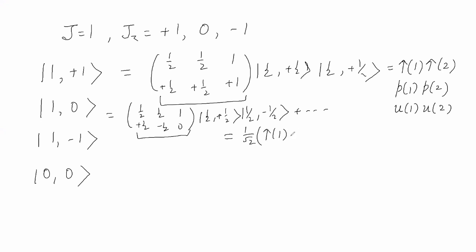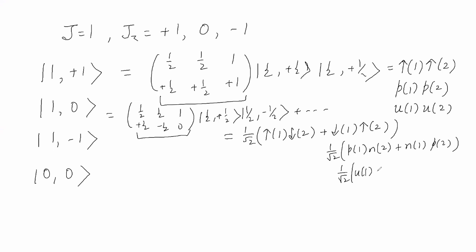Particle in state 1 having a spin up, particle in state 2 having a spin down, particle in state 1 having a spin down, and particle in state 2 having a spin up, or 1 by root 2 u1 d2 plus d1 u2.